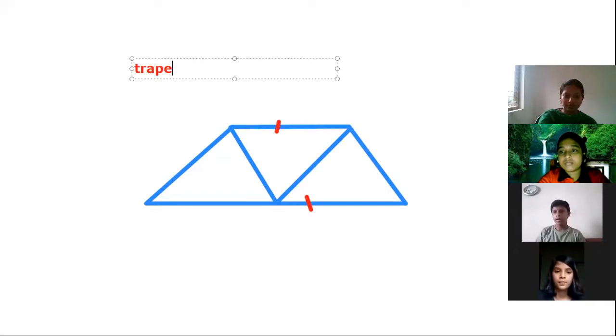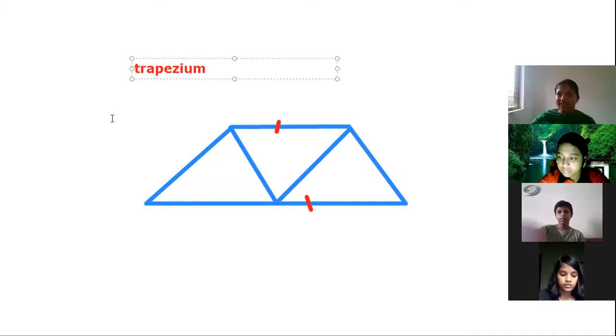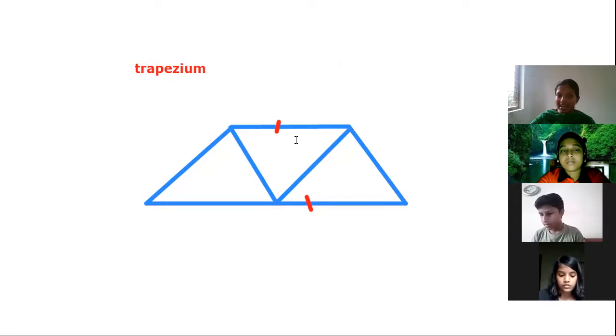Trapezium is a quadrilateral having 1 pair of opposite sides parallel. Then moving to our next one, that is kite.